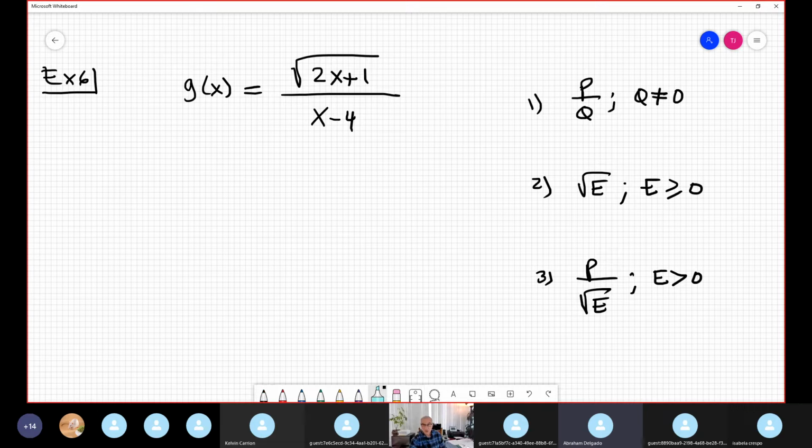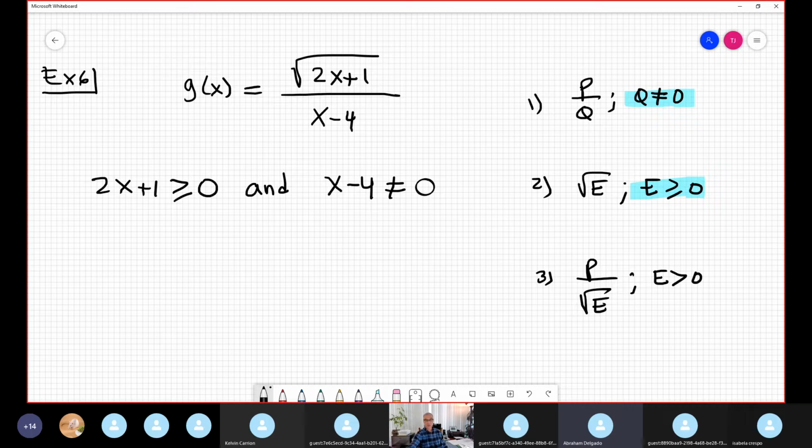Do you apply this, yes or no? Yes. And you apply this, yes or no? Yes. So it's 2 restrictions. One restriction from the square root at the top is 2x plus 1 greater than or equal to 0, and another restriction at the bottom is x minus 4 not equal to 0. Okay, is this clear?